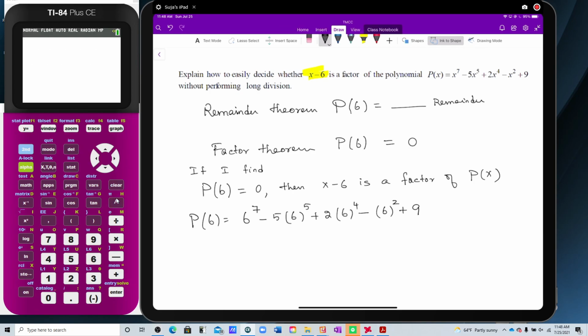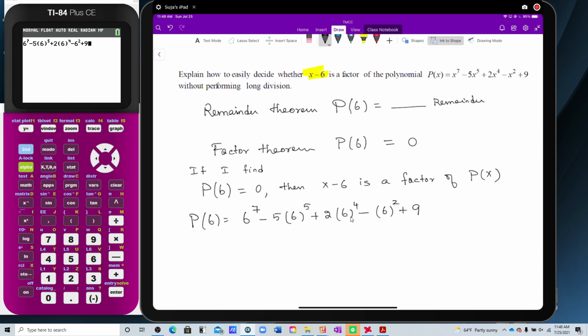6 to the power of 7, I'm going to keep it the same, minus 5 times 6 to the power of 5, plus 2 times 6 to the power of 4, minus 6 squared plus 9.